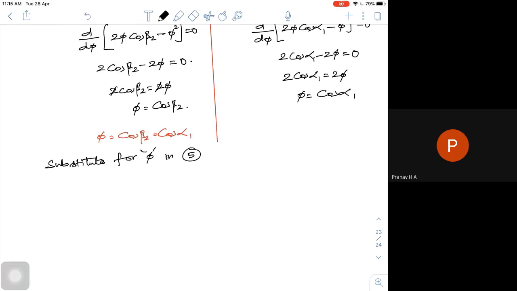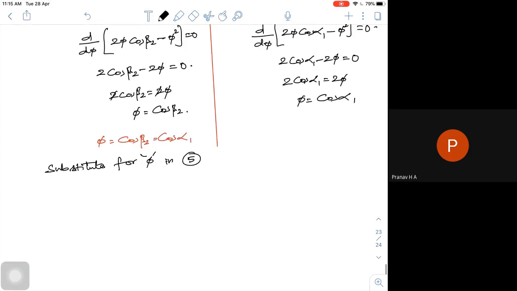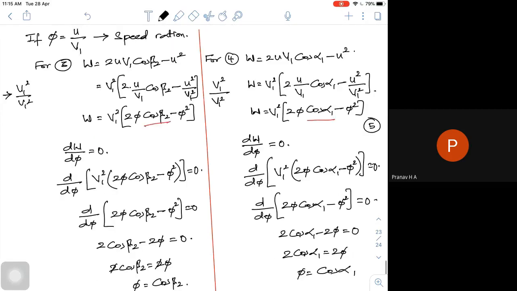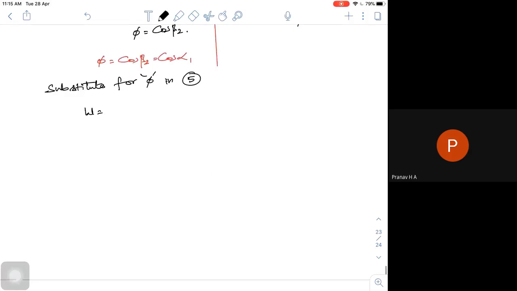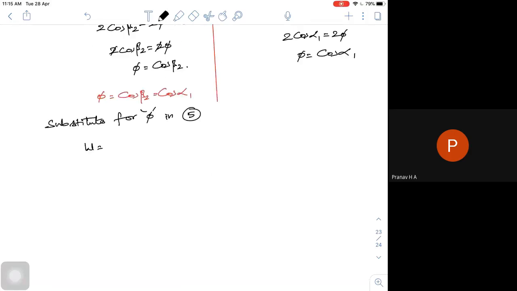W is equal to V1 square into 2 phi. So there I am going to put cos beta 2 or cos alpha 1 in place of phi.